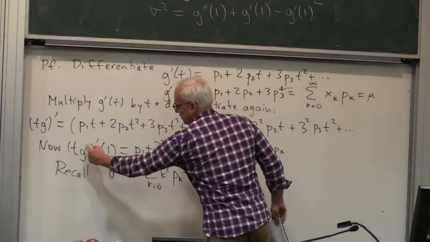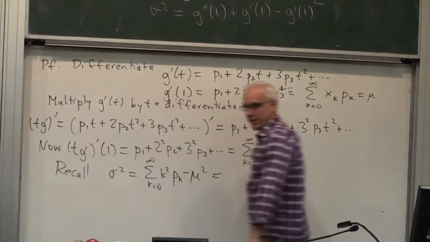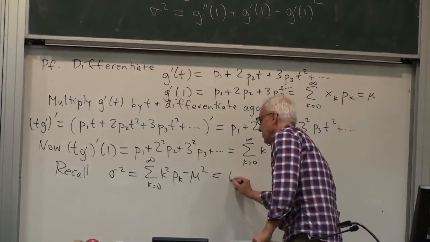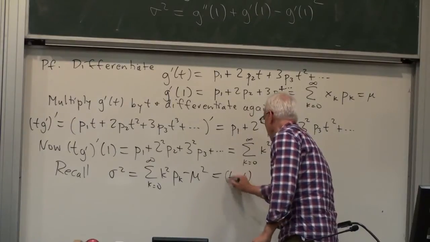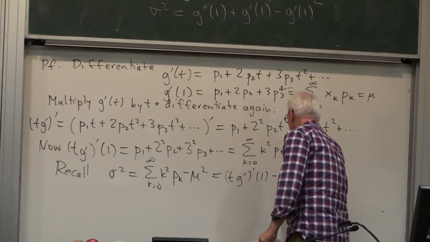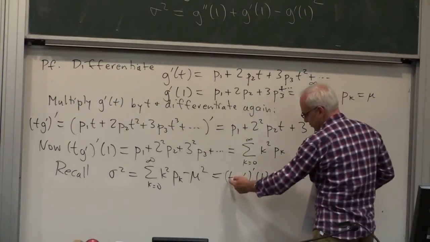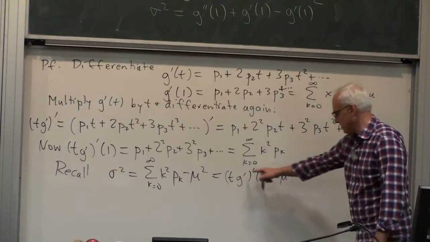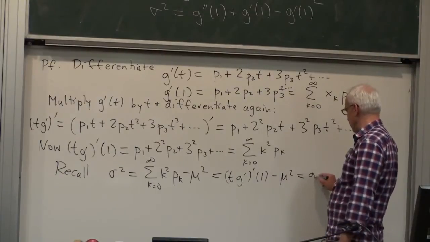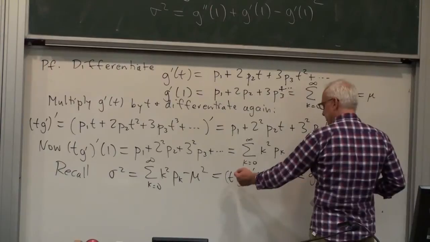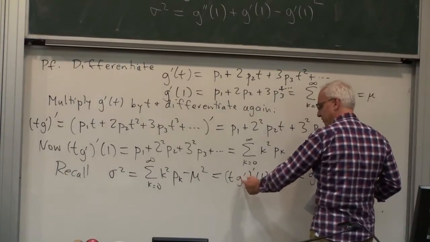So what is this derivative? Well, this is a derivative of a product. Let me write that out again. So it's t g prime prime at 1 minus mu squared. And what is that? Well, this is the derivative of a product. So it's the derivative of the first term times the second. So that's just g prime at 1 plus the t times the derivative of the second one.